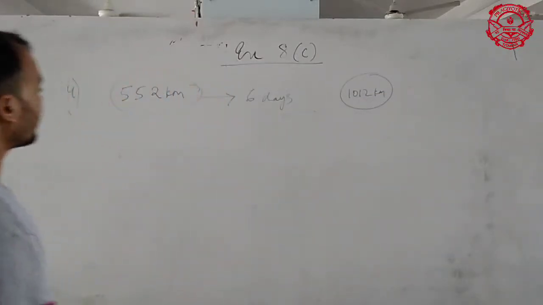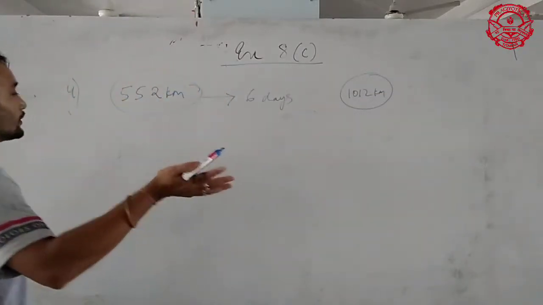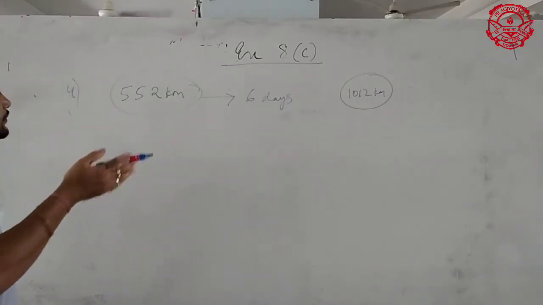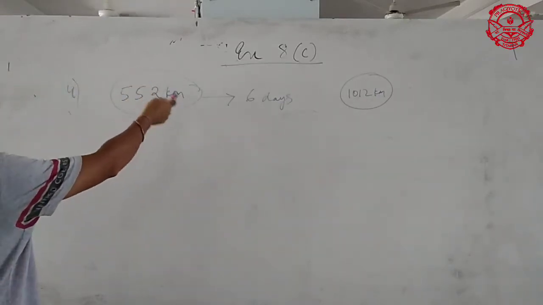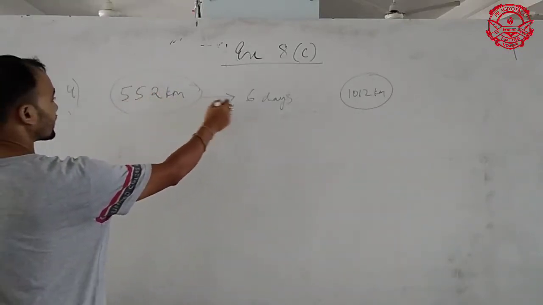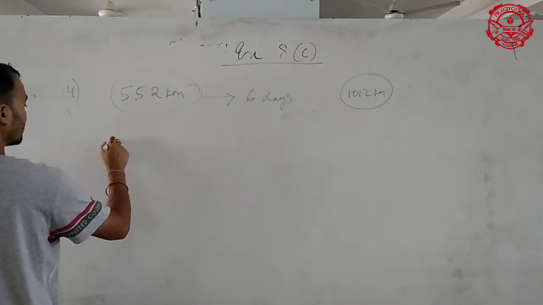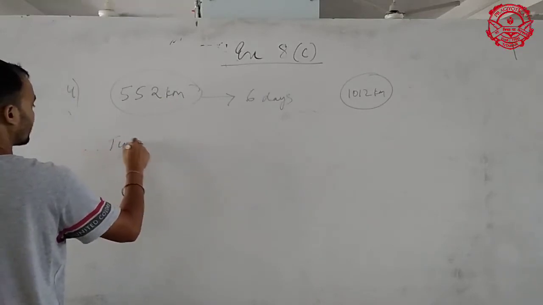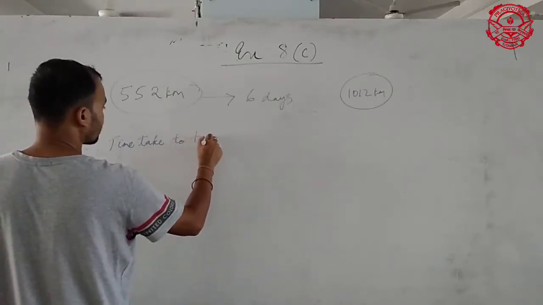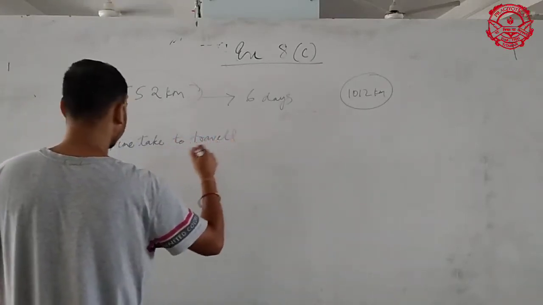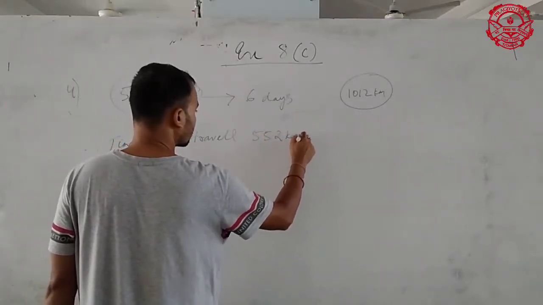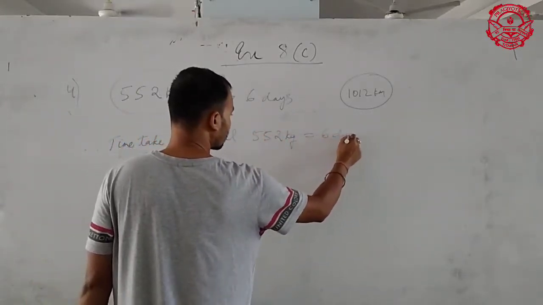Okay. How we will do this? We will try to find what amount of time that particular person will take in order to travel 1 kilometer. Okay. Now say 552 kilometers in 6 days. Therefore, time taken to travel, write in this way, 552 kilometers equal to 6 days.